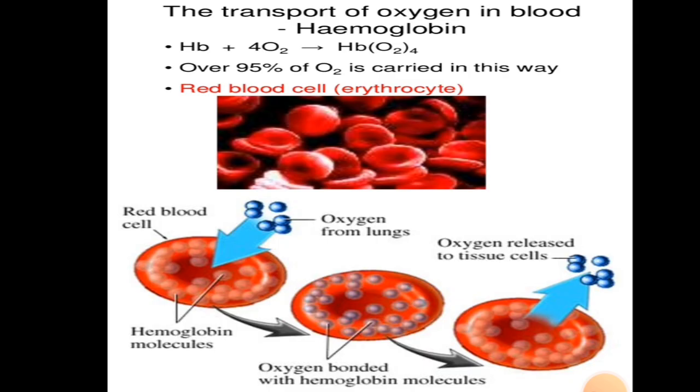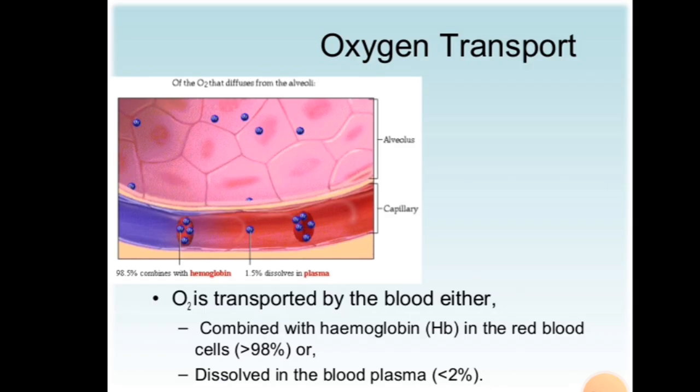As shown in this figure, RBC and then hemoglobin molecules are present. Then oxygen from the lungs binds to it, and then the blood carries this oxygen, and wherever it is needed in the tissue, these oxygen molecules are released into the tissue cells.